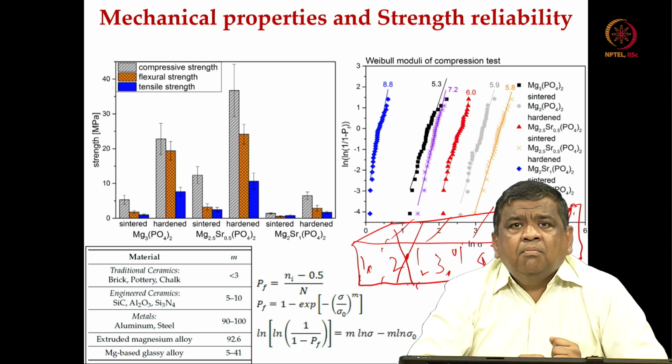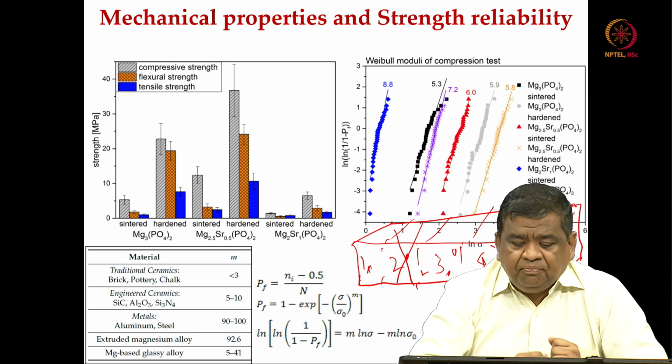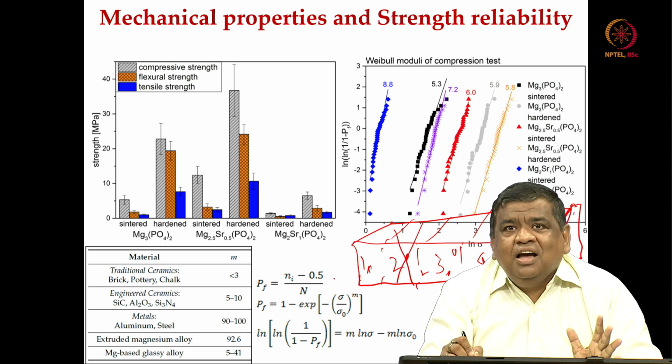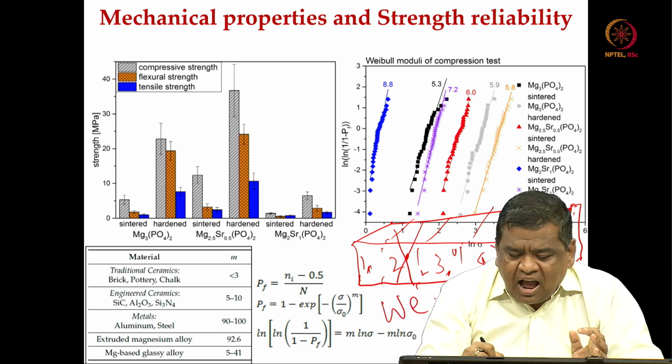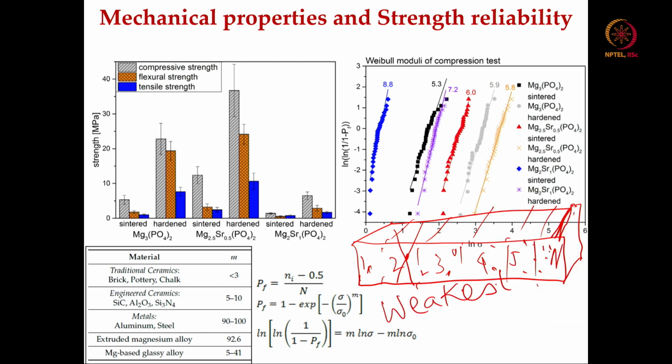Let us say volume element number 2 is fractured; that can suddenly lead to the fracture of the entire sample. Again, I would like to remind you, this is the hypothesis behind the weakest link fracture statistics.